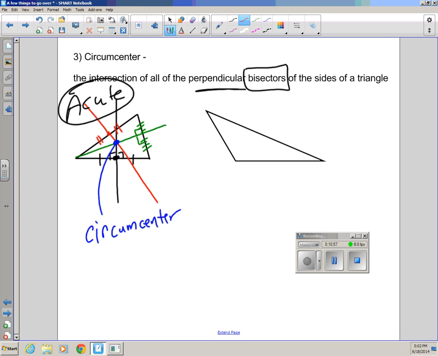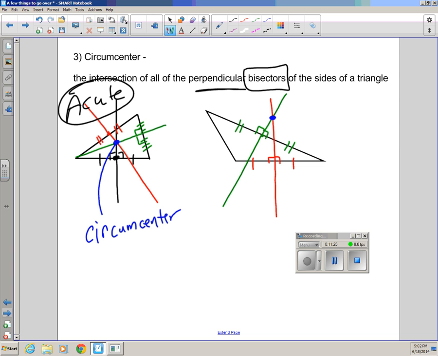Here's my perpendicular bisector of my first segment. I'm going to move that over a little bit. Pretty good. Here's my perpendicular bisector of my second segment. I'm going to estimate the midpoint right here and draw the perpendicular bisector. And notice they're meeting outside of the triangle.